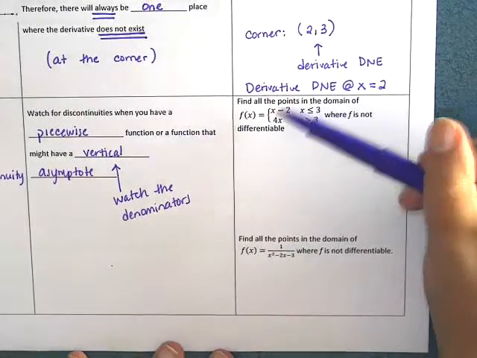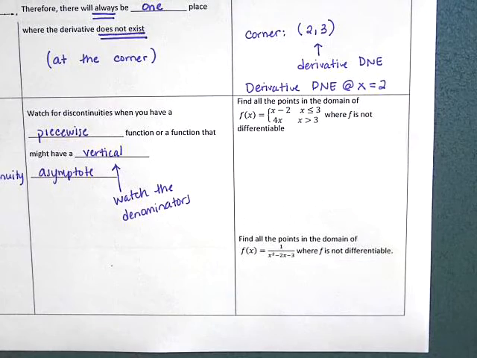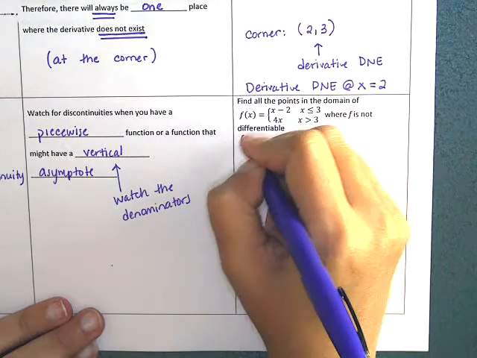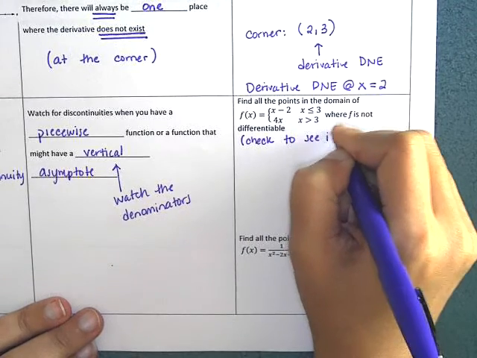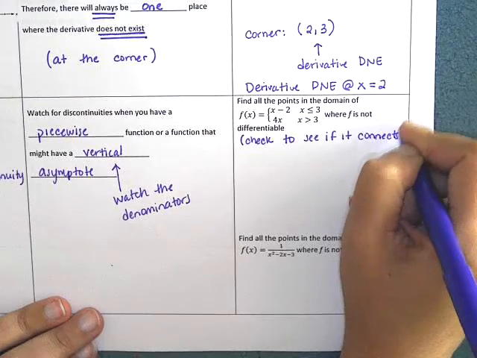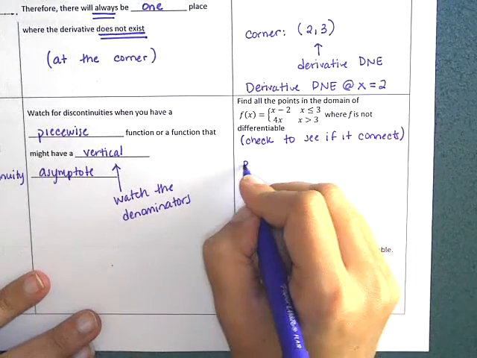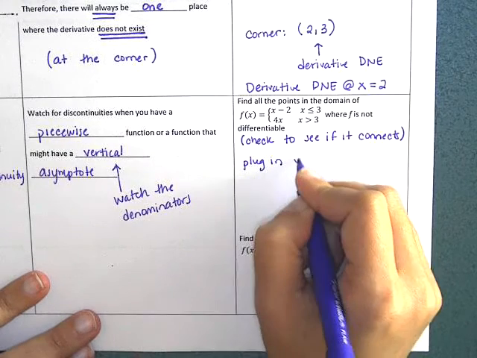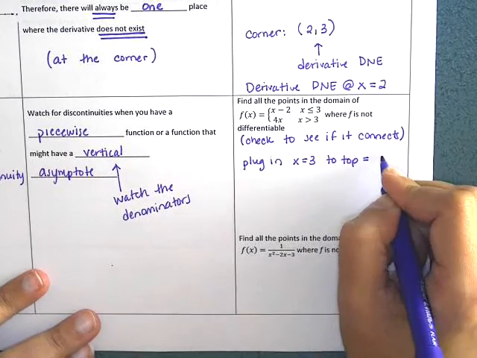I've got a piecewise function here. So my immediate thought is that maybe there's a jump, maybe there's a hole, maybe something weird is happening. So I'm going to check to see if it's connected. If I look at plugging in 3 to the top, I get 1.